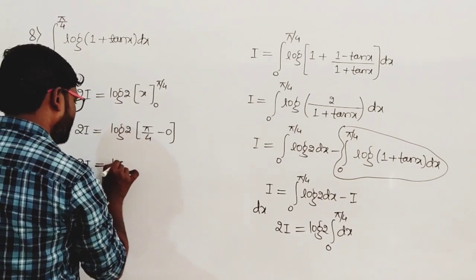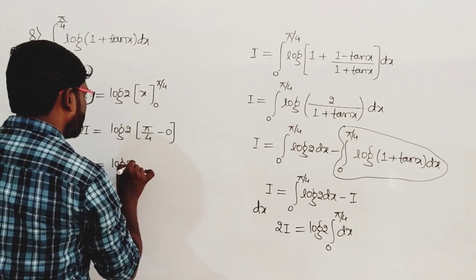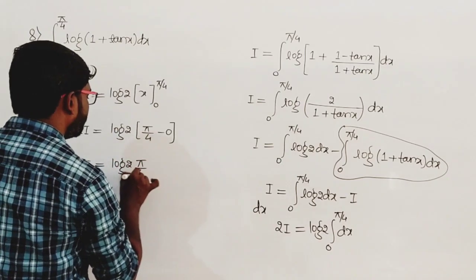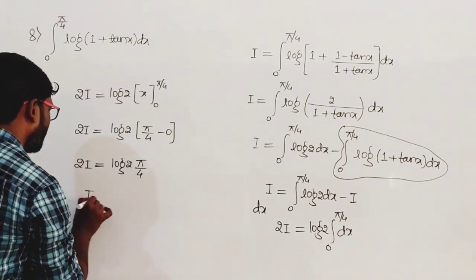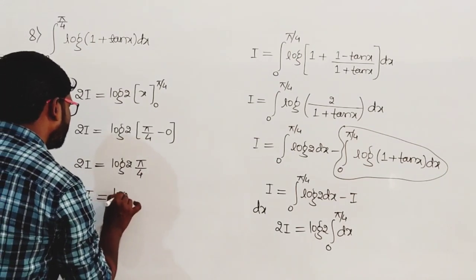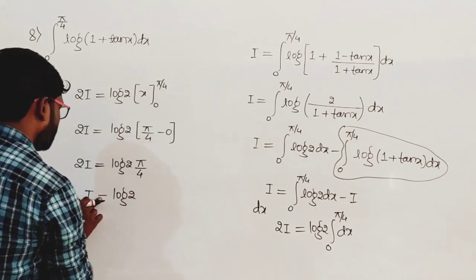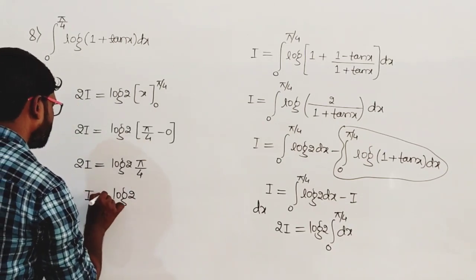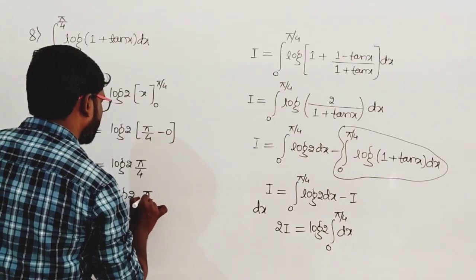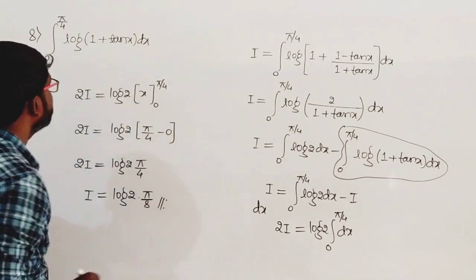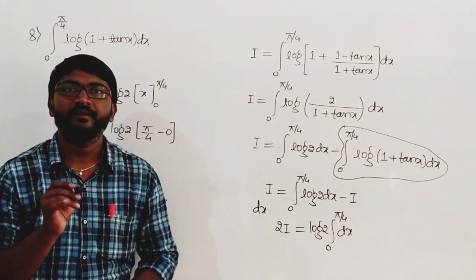So log 2 into pi by 4. Now take 2 to the RHS, it goes to the denominator. I is equal to log 2 into pi by 8. So this is the final answer for the 8th problem.